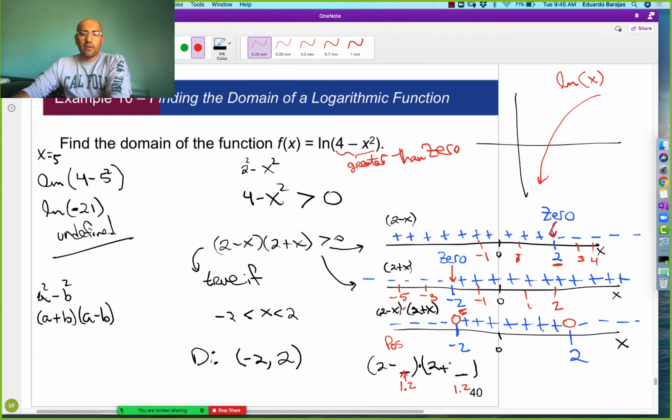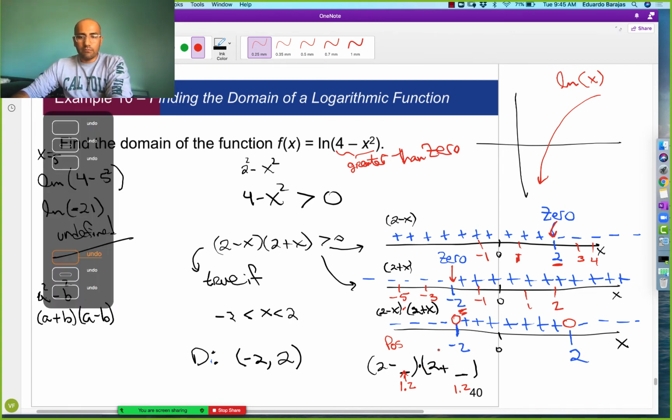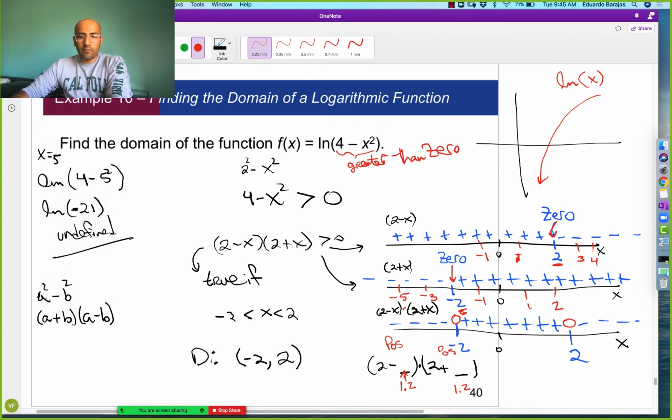And I know that 2 plus 1.2 is also going to be a positive number. And a positive times a positive equals a positive. So I don't know what the answer is, and it doesn't matter what the answer is. I just want to know if it's positive or negative, and it's going to be positive.